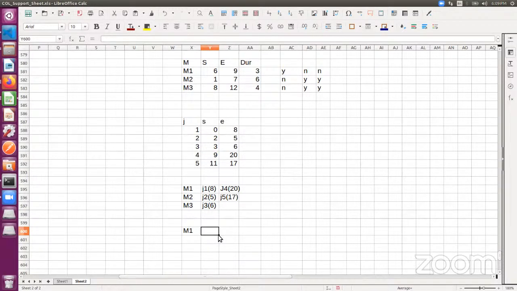So M1, job 2 ends at the 5th minute. The second job which comes is job 3, machine 2, and the end time is 6, and it is M3. I think this would give us the correct solution.